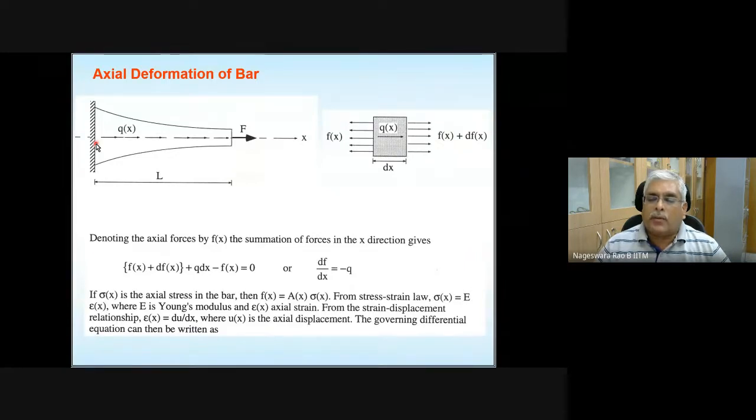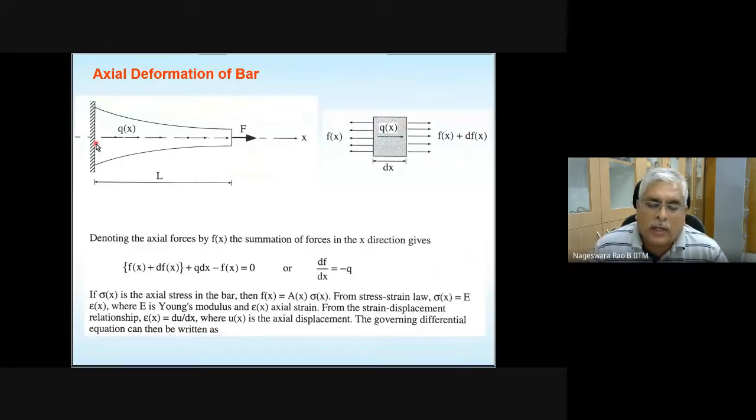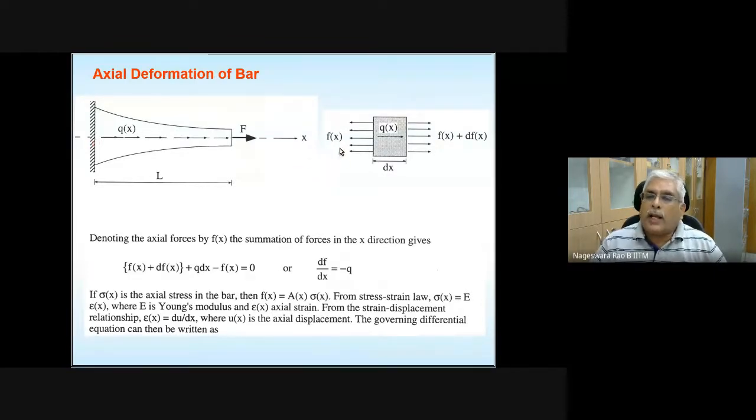How do you define that end? That's why this coordinate system is actually assumed. X is equal to 0 here, and X is equal to L here. So at X equal to 0, displacement is 0. So that is actually coming from the physics of the problem.